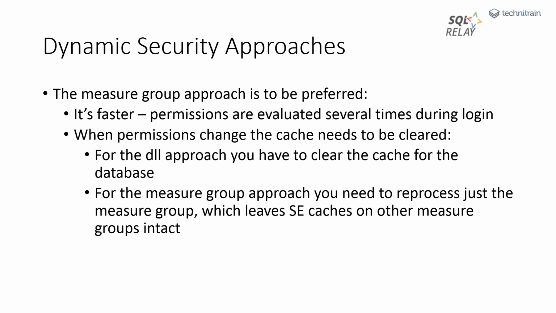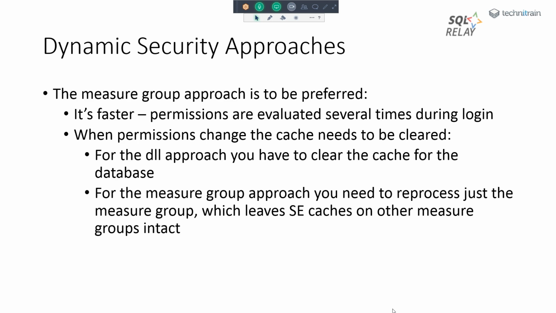In general, you should always go, I think, for the measure group approach, for a couple of reasons. First of all, when a user first logs in, the permissions are evaluated several times, not just once, several times. So even though you might only have one attribute with dimension security on, that permission will be evaluated several times.